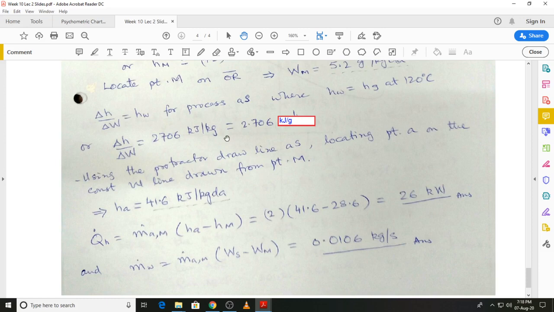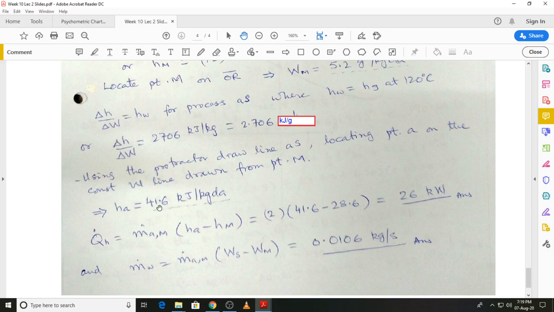So draw a constant humidity ratio line from M, right up to the end of the scale, and then draw the line parallel to the line that you get from the protractor, corresponding to a delta H by delta W value of 2.7. The intersection of the two lines will give you state A, and at state A the specific enthalpy comes out to be around 41.6 kilojoules per kilogram dry air.